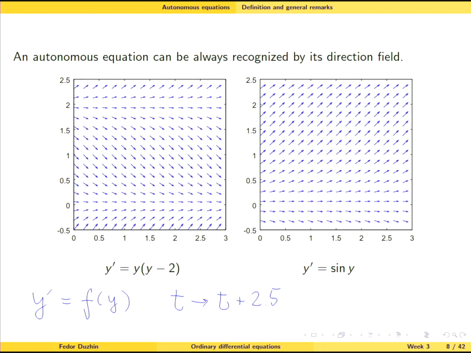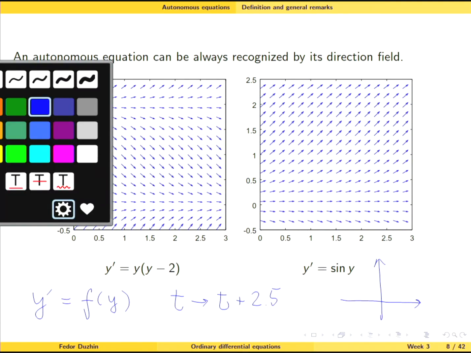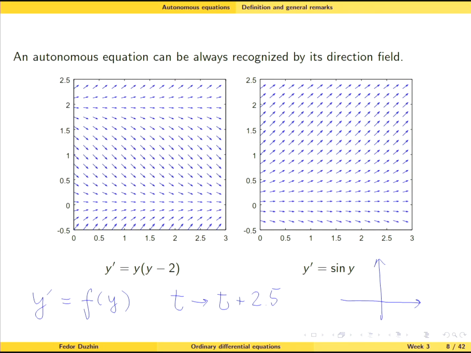Replacing t with t plus 2.5, if you apply this transformation to the graph of a function, means that the graph of your function is shifted 2.5 units to the left. Suppose you have the graph of a function, let me draw it, a parabola, y equals t squared.